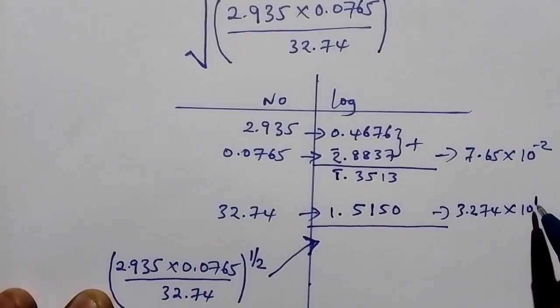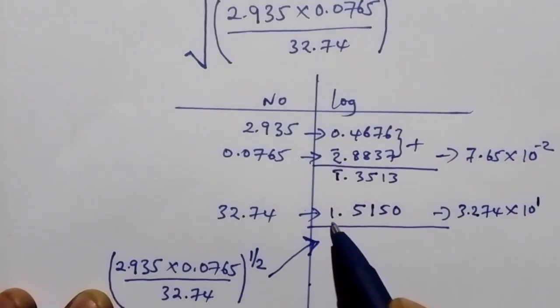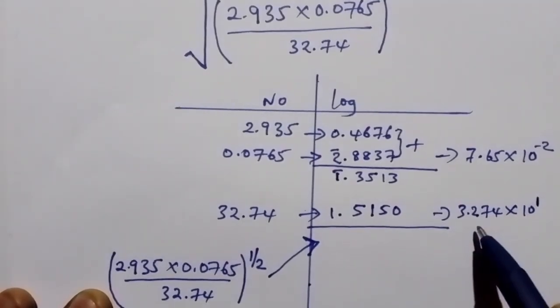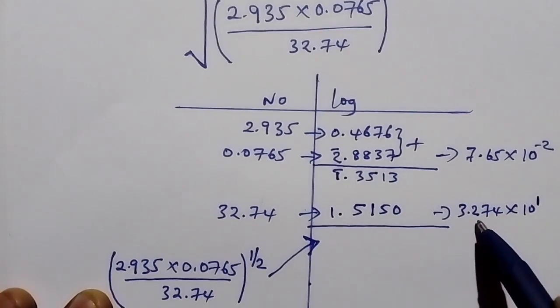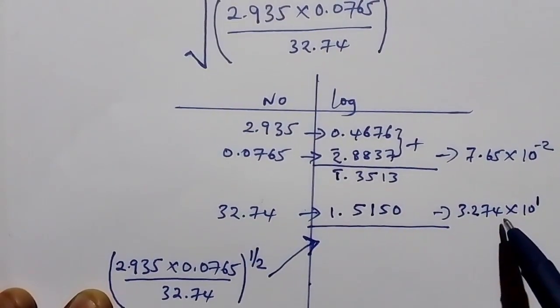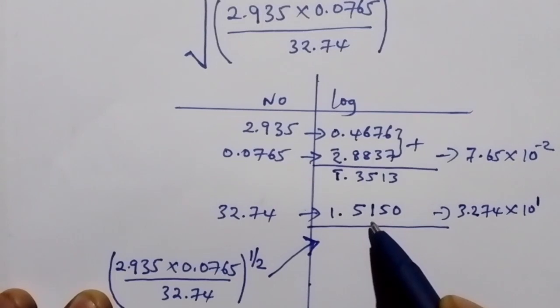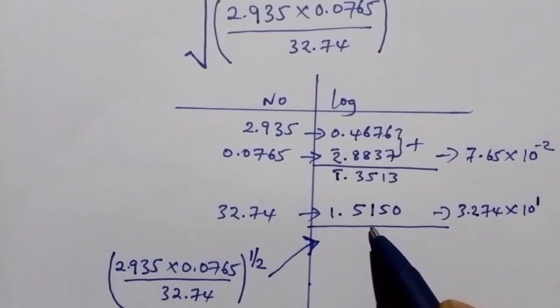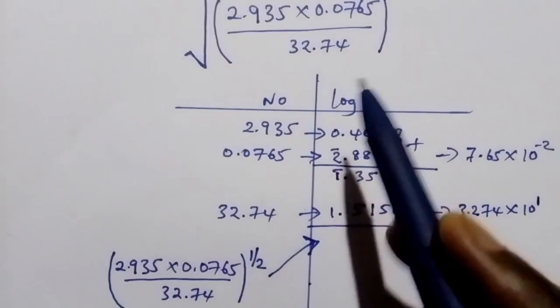So this power 1 becomes 1 here. So it is 1 point. Then we get the log of 3.274 from the log table, which is 0.5150.